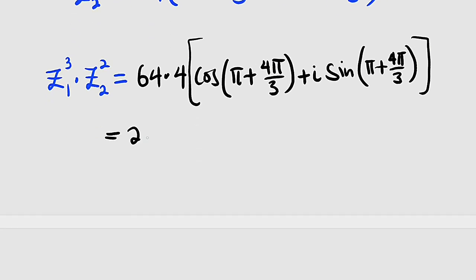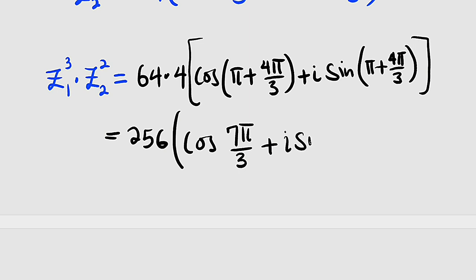So this is 256 multiplied by cosine of what? Pi plus 4 pi divided by 3, which is 7 pi divided by 3, plus i sine of the same angle, 7 pi divided by 3.